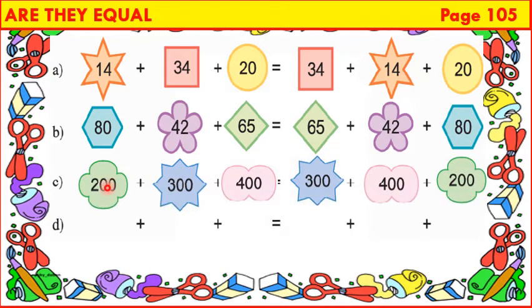When we add 200 plus 300 plus 400, we get the answer 900. Now if we rearrange these three numbers and add in this order, 300 plus 400 plus 200, we still get the answer as 900 only.